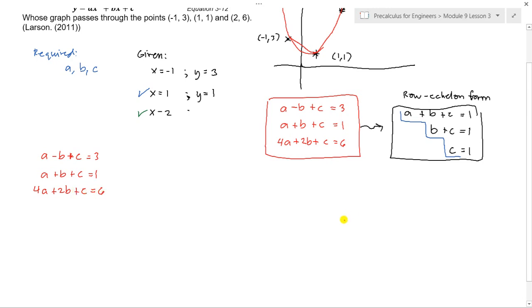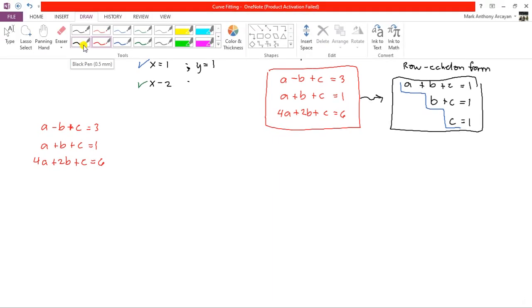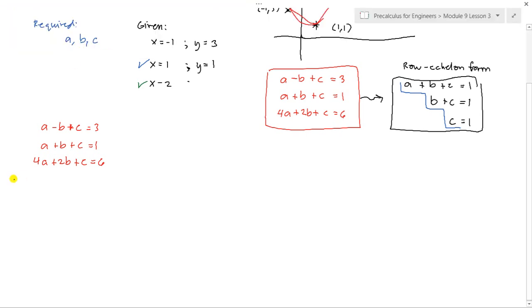So here we're going to solve for the first entry of our equation in row echelon. For the first entry, we look in our given system of equations for the equation where the coefficient of A is equal to 1. Which one is it? Is it the first, the second, or the third?